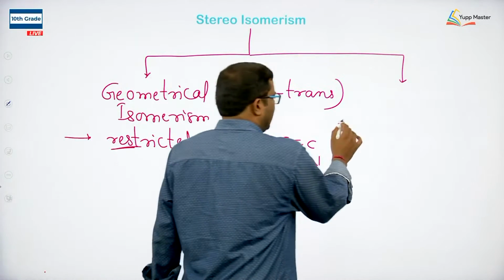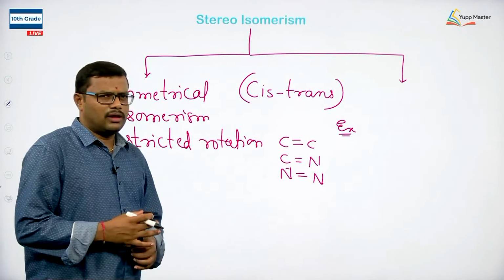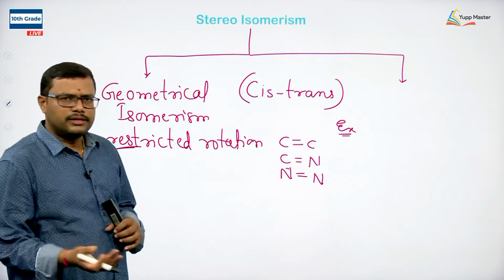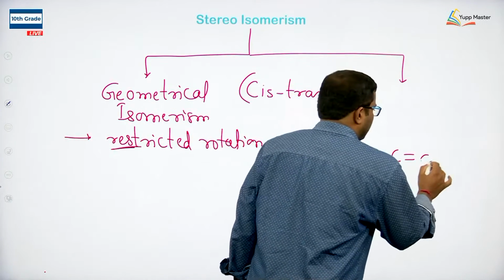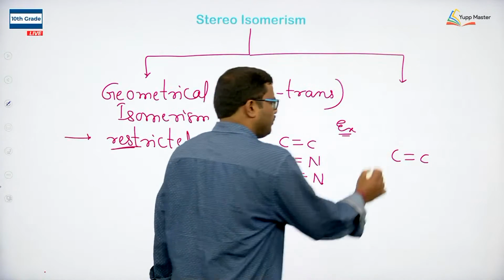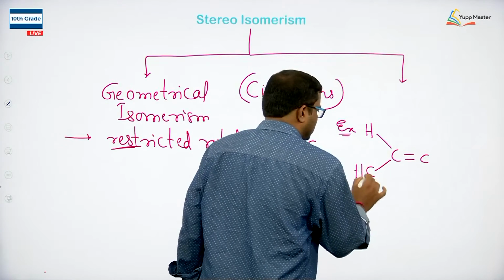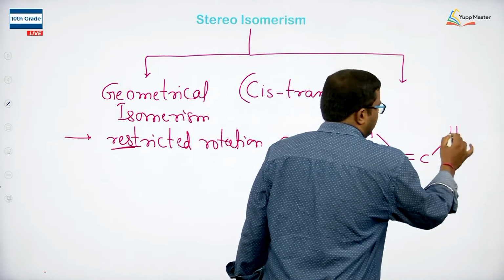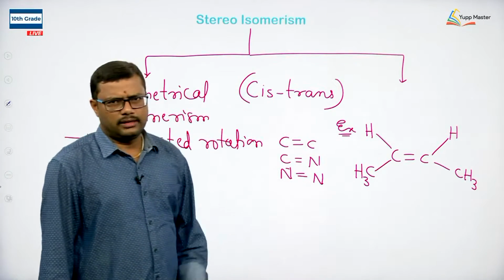Let me take an example so that you can clearly observe how the groups are oriented in space because of the restricted rotation. Suppose we have a carbon-carbon double bond with H and CH3 on one side, and H and CH3 on the other side. 2-butene is the best example.